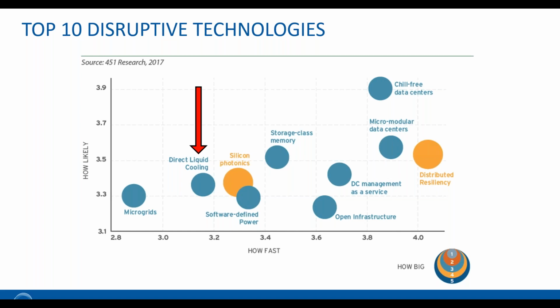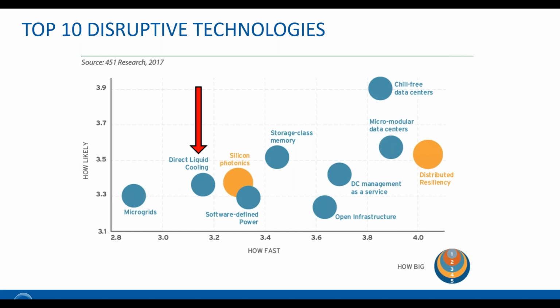To read it, the more you are towards the upper right corner of the chart, the more likely and faster people expect that technology to penetrate the data center, and the size of the bubble shows you the size of the impact.